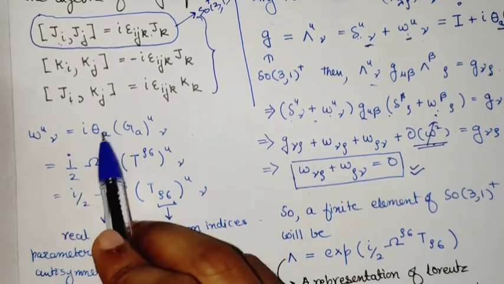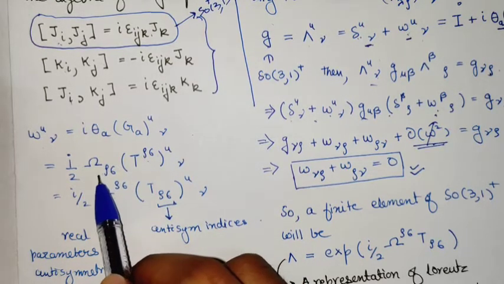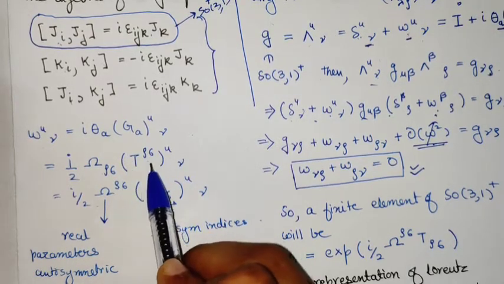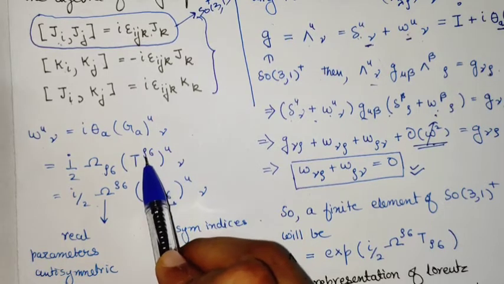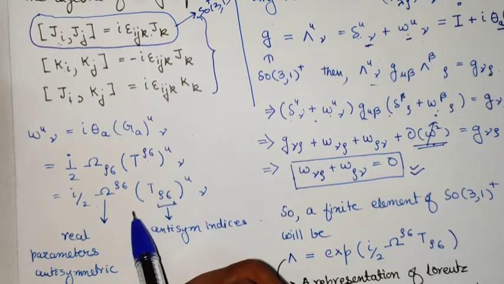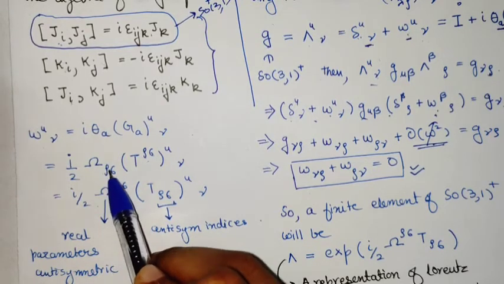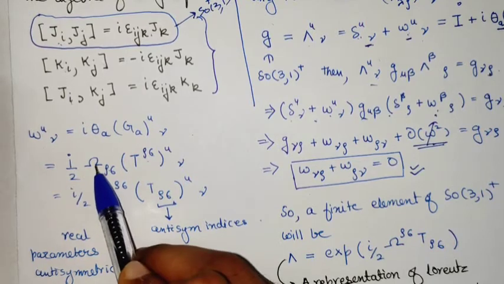And then from here to here, what we have done is we have made use of the symmetric index notation. I said that this T is anti-symmetric in these two indices. This omega are the boost parameters. These are also anti-symmetric. They are parameters.